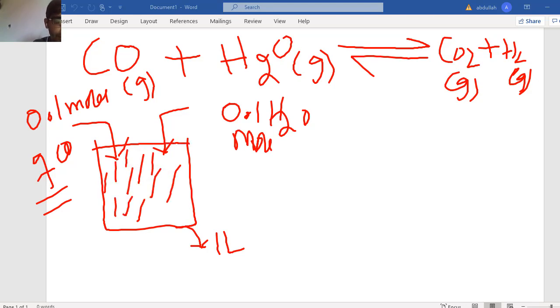After a certain time, the reaction occurred and the products were produced, which are CO2 and hydrogen.